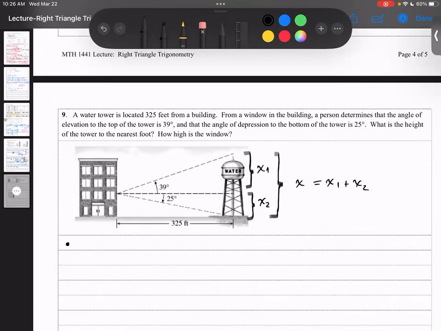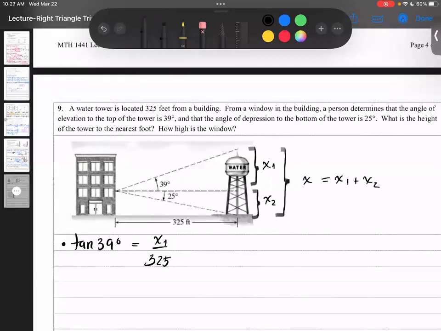So tangent 39 degrees equals opposite, which is x1, divided by the adjacent, which is 325. So x1 equals 325 times tangent of 39 degrees. Let me give you the happy ending: 263.2 feet.